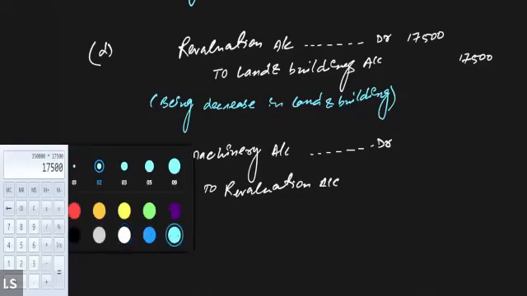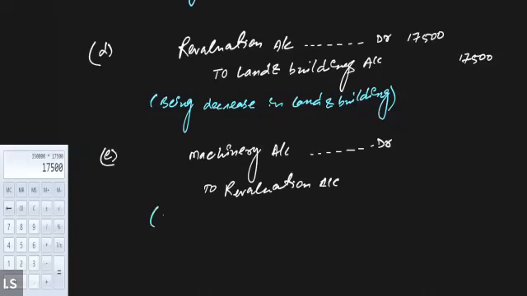And I'll write down, being increase in machinery. Got it? The general entry is clear?